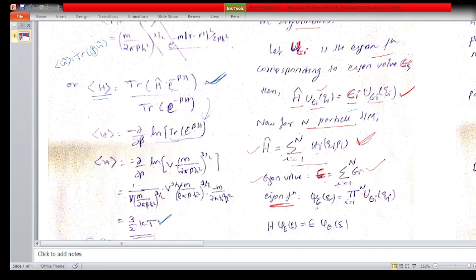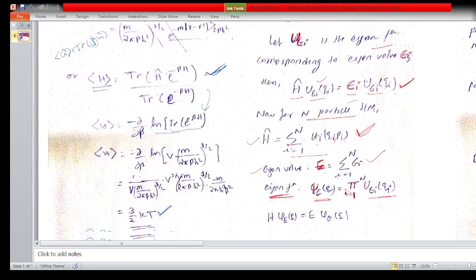So the total wave function psi_E(q) is given by the product over i equal to 1 to N of u_{E_i}(q_i): you multiply each of the individual particle wave functions to get the total eigenfunction. The Hamiltonian representing the total N particles can be written as this.